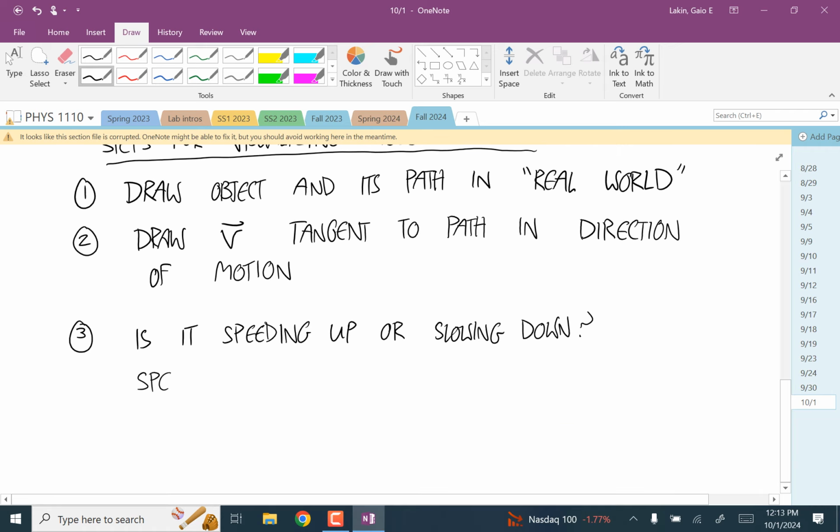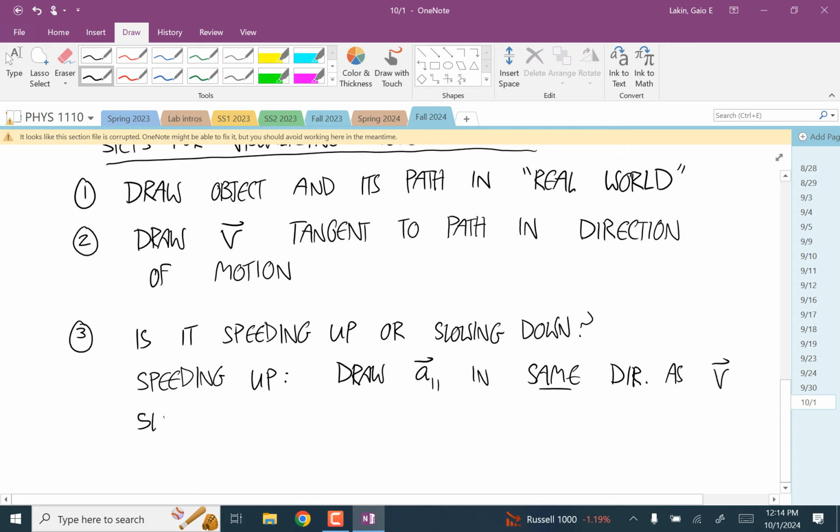If it's speeding up, then which way is A parallel going to be? In the same direction as the velocity or the opposite? Same. Yep. So if it's speeding up, draw A parallel in the same direction as the velocity vector.